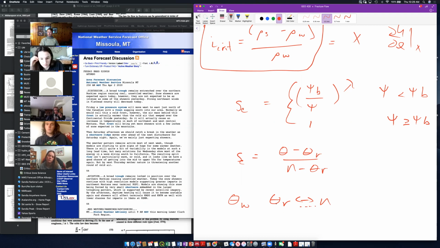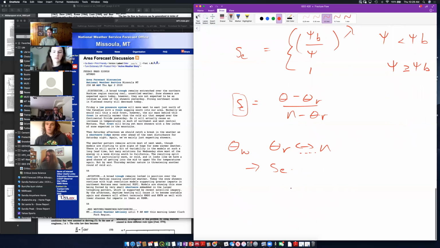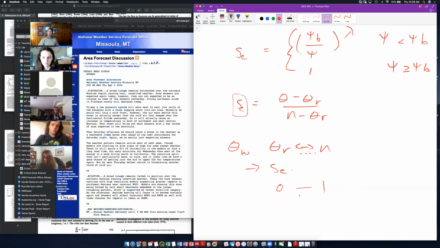From those values, I would calculate SE, so I would get a column of SE going basically from 0 to 1.